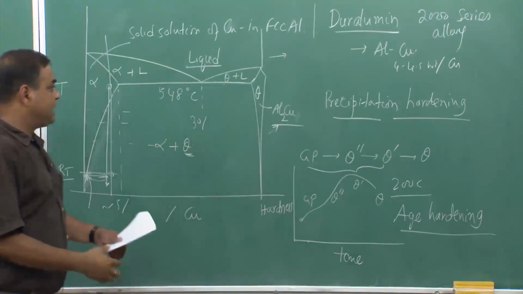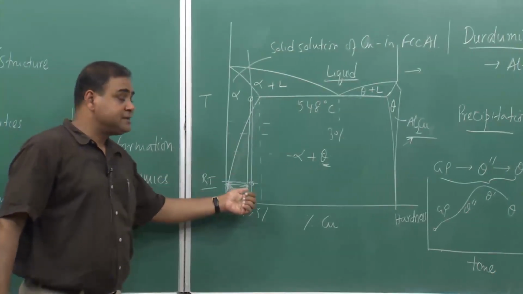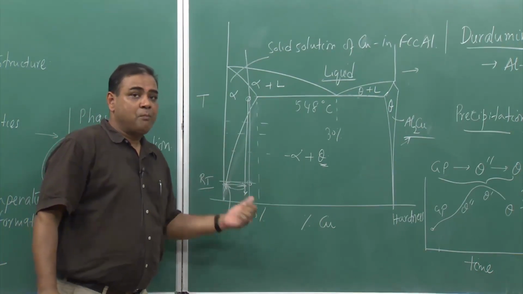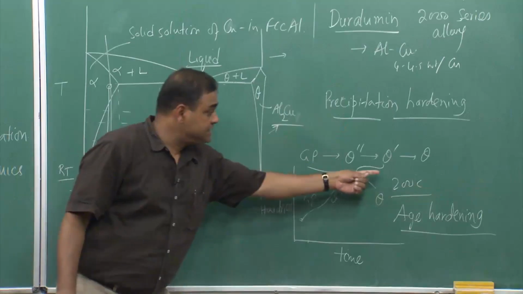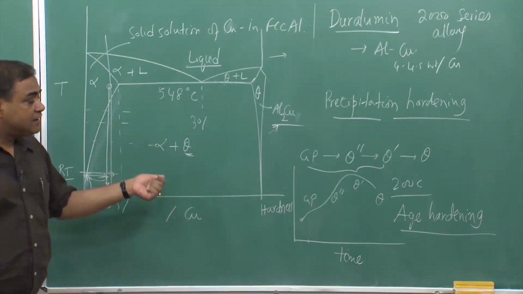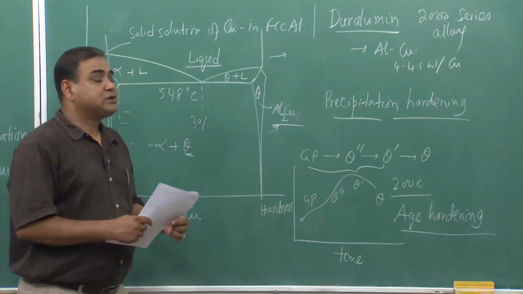Precipitation hardening. Here we are fixing the composition, but we are changing the structure, because whenever we have these changes, we are changing the crystal structure. And then finally we are also changing the microstructure.